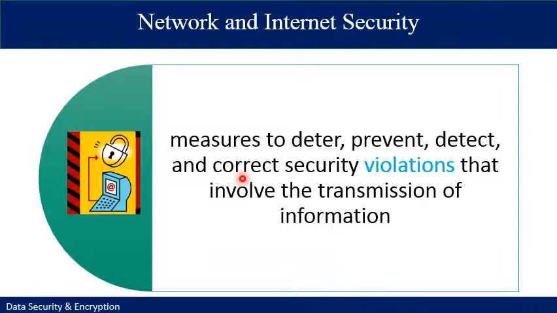So your information security or network security principles should discourage information transmission errors or breaches, and should have measures to prevent attacks on the transmission. If there is an attack, it must be able to detect that someone is attacking your system or communication, and it must have a mechanism to correct any security violation conducted by an active or a passive attack.